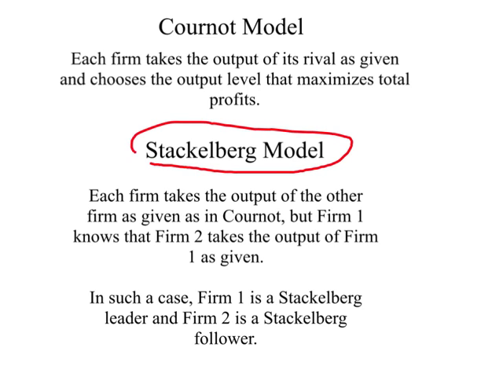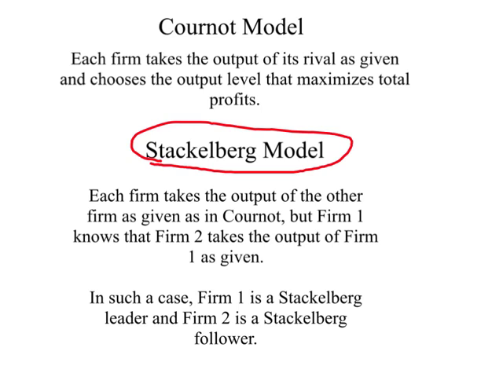It is called the Stackelberg model, and it is due to a French mathematician. Now, the Stackelberg model is pretty much like Cournot's model, that is, each firm takes the output of its rival as given. So it's the same as Cournot's.